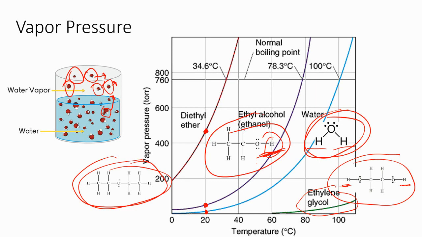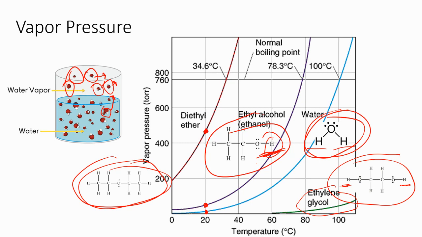But it's also heavier than water, and so its London dispersion forces are stronger than water. Okay, well, that makes sense that it would then have a lower vapor pressure than water because it has stronger intermolecular forces.